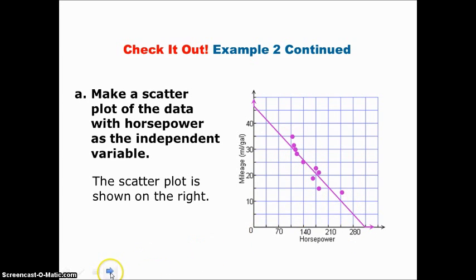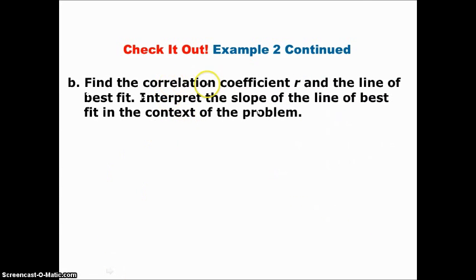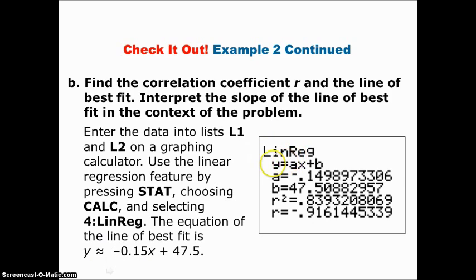So let's see what the calculator says for our correlation coefficient. We're going to find the correlation coefficient and the line of best fit, and then interpret the slope in the context of the problem. So here's our line, here's our slope, negative 0.149, here's our y-intercept, 47.5.